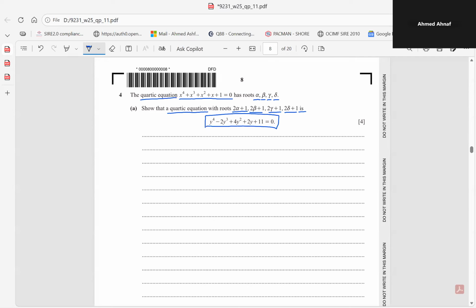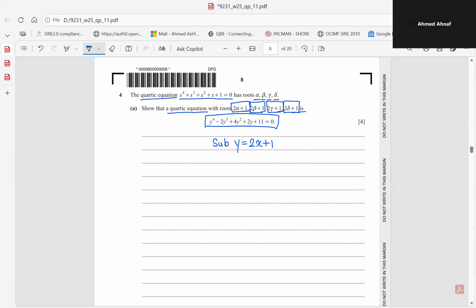So first things first, we notice that the roots in here are basically the same versions of each other. You just put the root in place of x. So we can use the substitution y equals 2x plus 1.